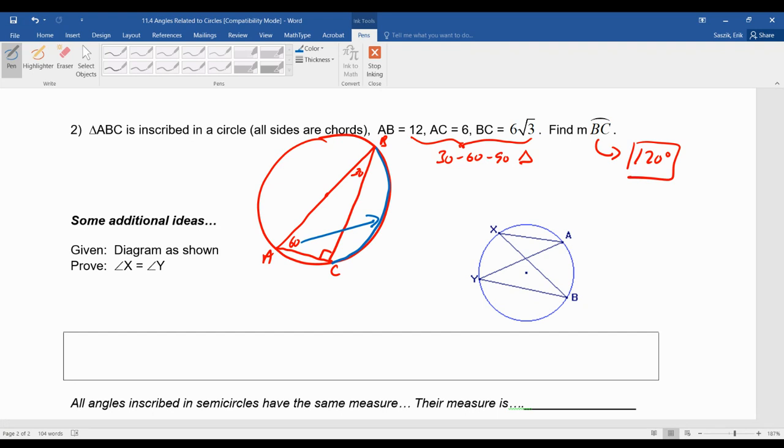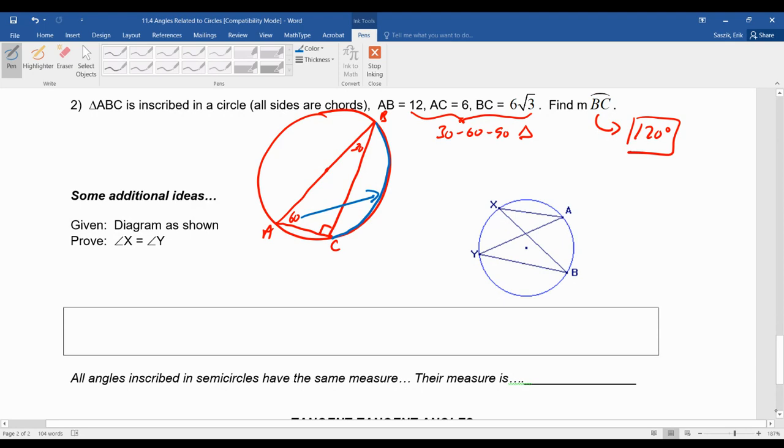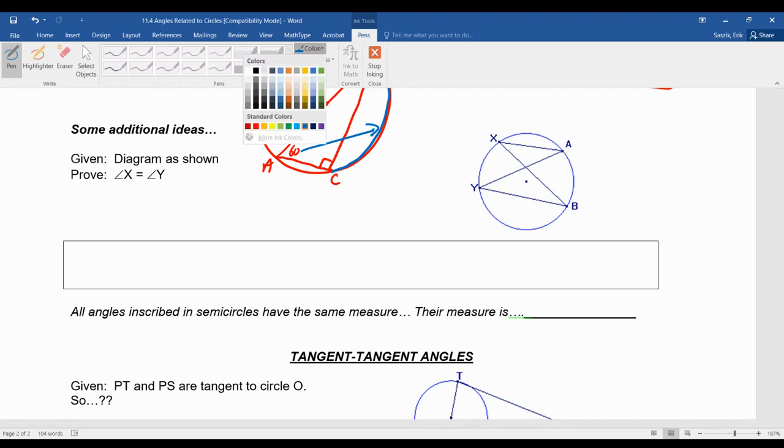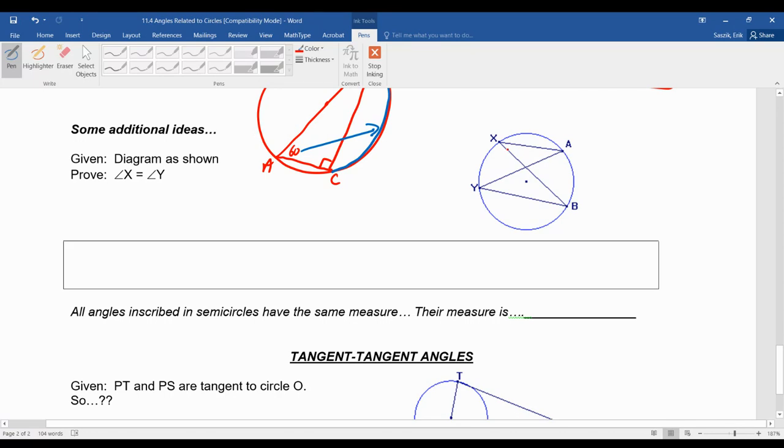Okay. Still got a little bit more stuff. Sorry, there's a lot of information here today. We're not really doing a proof here. We're just going to kind of quickly talk through a new theorem. Take a look at this. We're asked to prove that angle X and angle Y are congruent. But what kind of angle is angle X? Hopefully you recognize that angle X is on the circle. It's made up of two chords.